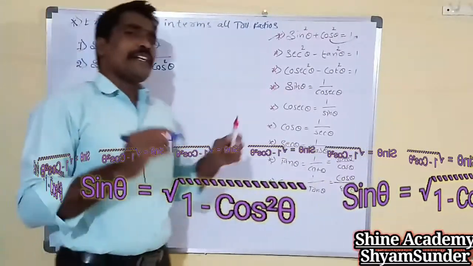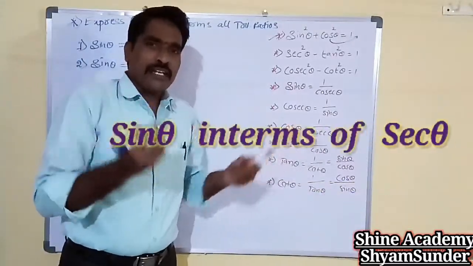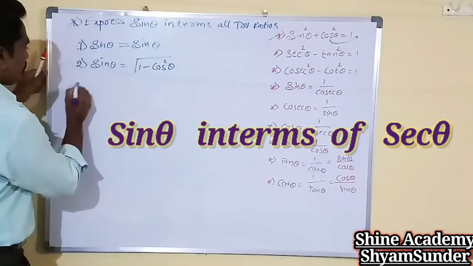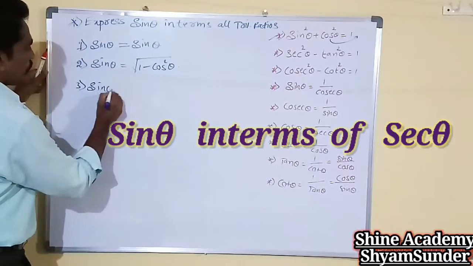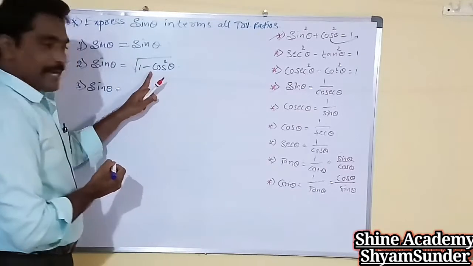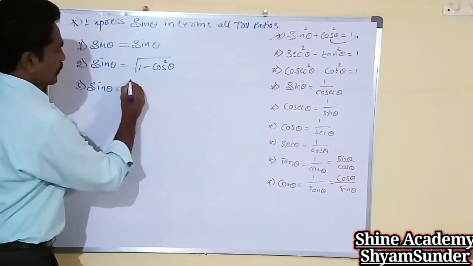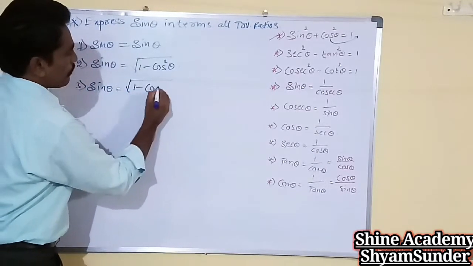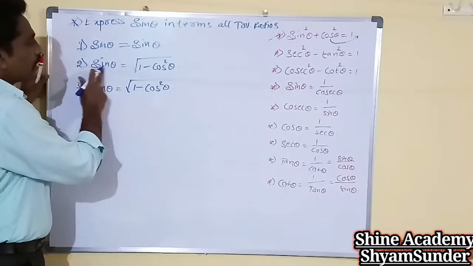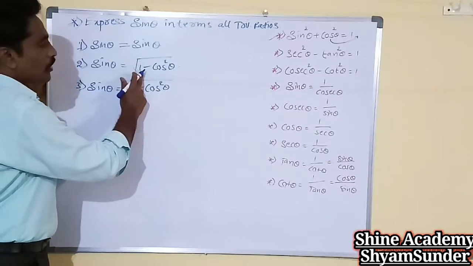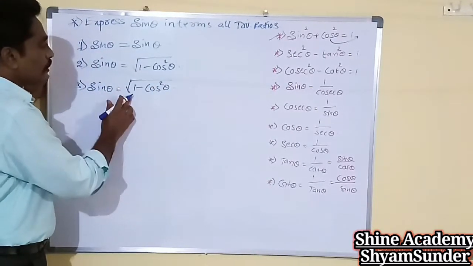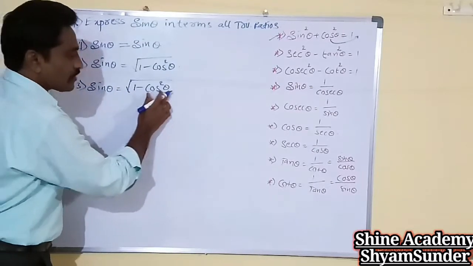Now we are expressing sin theta in terms of sec theta. From the previous equation, sin theta is equal to under root of 1 minus cos square theta.